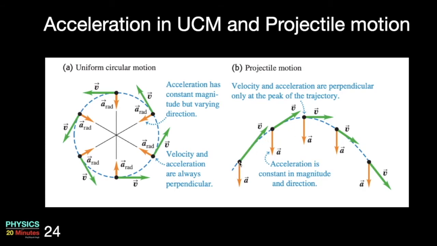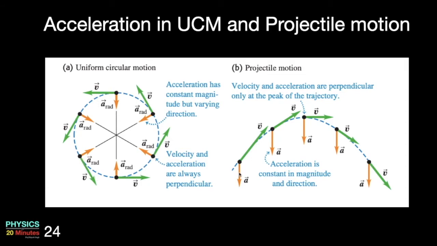In a projectile motion, the acceleration is acceleration due to gravity, and it always works in the downward direction, and it is always constant. While in circular motion, the acceleration is always working towards the center and its direction keeps changing. Remember, it points towards center, but the vector keeps changing in direction all throughout.